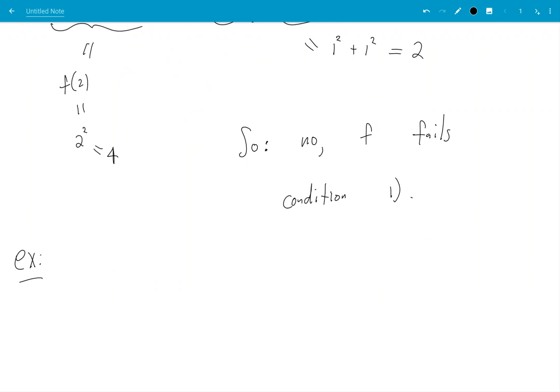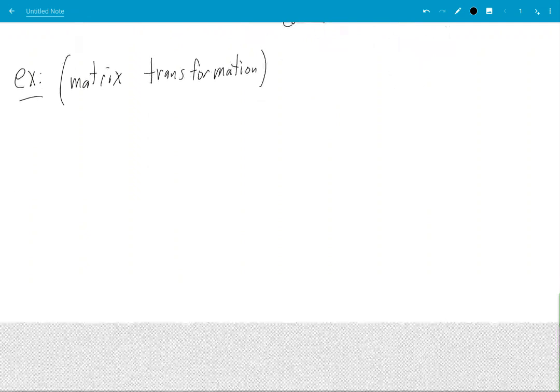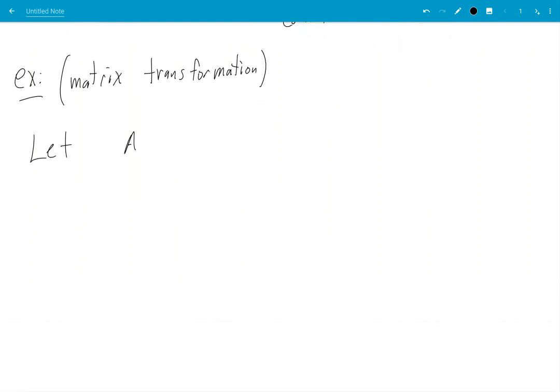Let's do an example of something that is linear. This is going to be called a matrix transformation. Let A equal 1, 2, -1, 0, 0, 3. You know what?